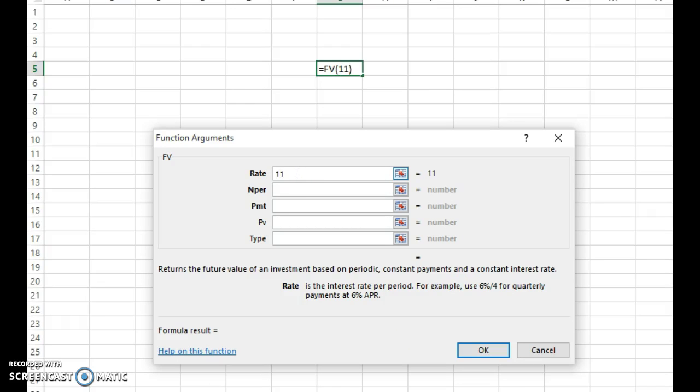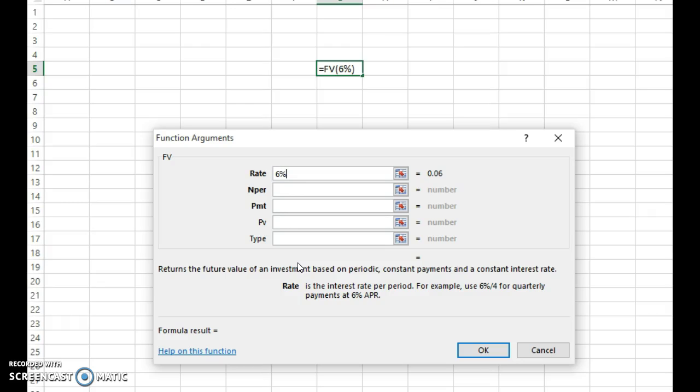Now here's something that quite a few people miss. So let's say the rate is 11%, but it compounds monthly. You can type right into that rate box, divided by 12, because there's going to be 12 compounding periods per year. Or if it's going to compound or pay every 6 months, so that is twice a year, you can take your annual rate that you're given and type 11% divided by 2.